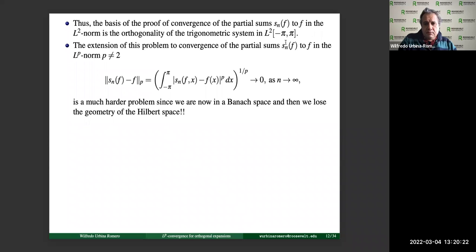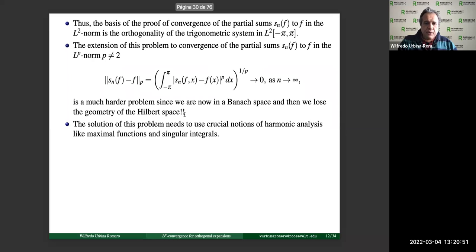Of course, if you want to generalize for p different from 2, you want to prove that this is also true, well, then you are in a problem, because we are changing from a Hilbert space to a Banach space, right? And doing that, then you lose the geometry of the Hilbert space, the geometry of the inner product, the orthogonality, and all that, right?